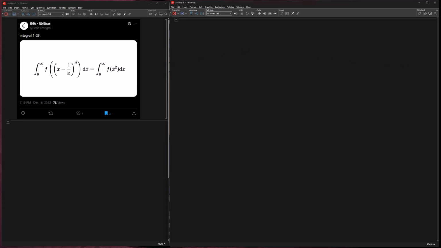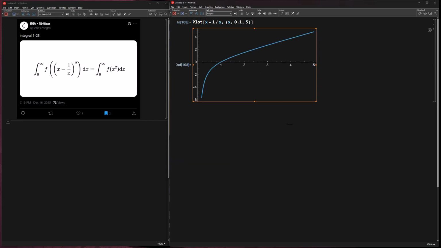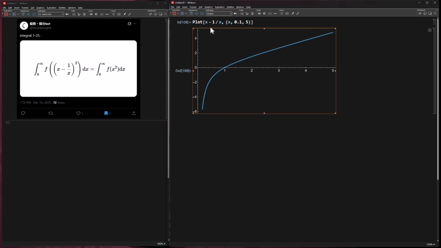Okay, let's first take a look at the function x minus 1 over x, for x from some small number to a reasonably large number. I choose these numbers starting at 0.1 because as x approaches 0, x minus 1 over x will approach negative infinity.